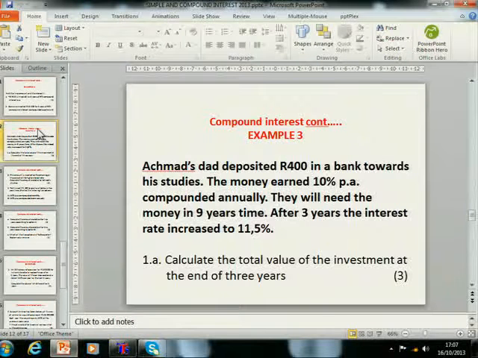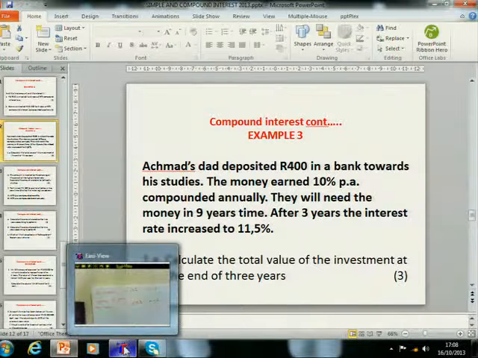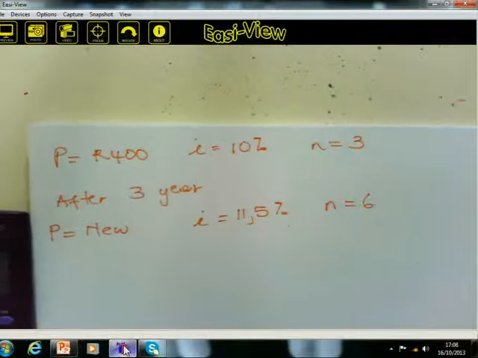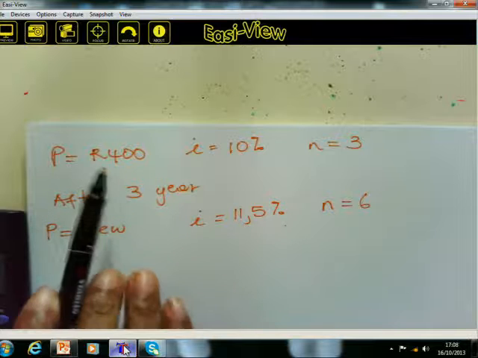Ahmad's dad deposited 400 in a bank towards his studies. The money earned 10% per annum, compounded annually. They will need the money in 9 years' time. After 3 years, the interest rate increased to 11.5%. Calculate the total value of the investment at the end of 3 years. So now we're only looking at 3 years. I hope you wrote your information down. Principal amount, it's 400.